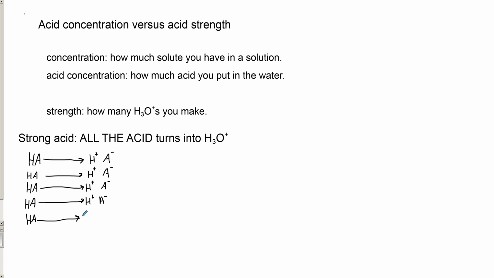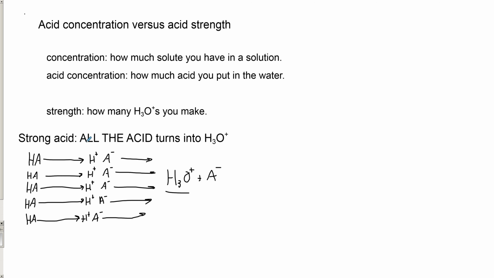And in this case, considering we're just using A as our counter ion, we're just going to call them A-minuses. And that means that all of these, and I'm not going to do all of them separately, they're all going to hook up with water and form hydronium ions. And so that means you have a lot of H3O ions.